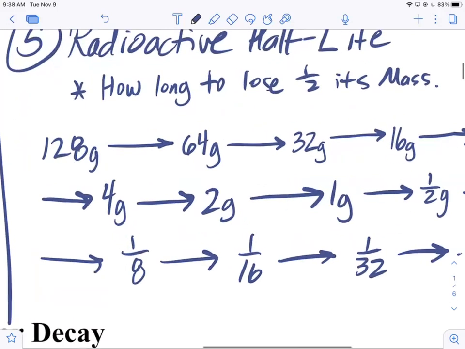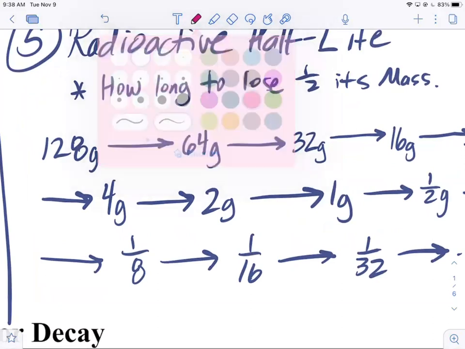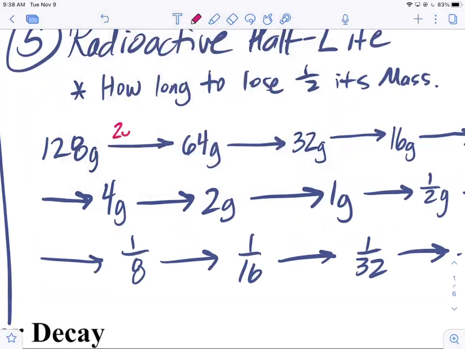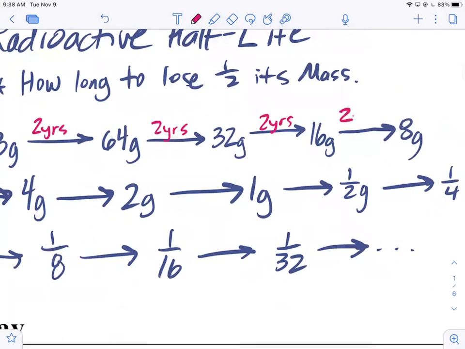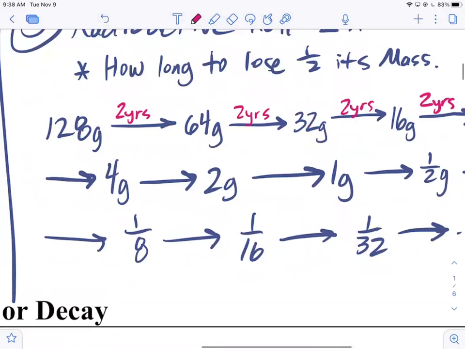Now, the half-life would be, let's just say, 2 years, 2 years, 2 years. Every time it's the same length of time. So it's not that there's less of it there now, so it's going to lose half its mass faster. That's not how it works. It's the same amount of time each and every time for it to lose half of its mass.